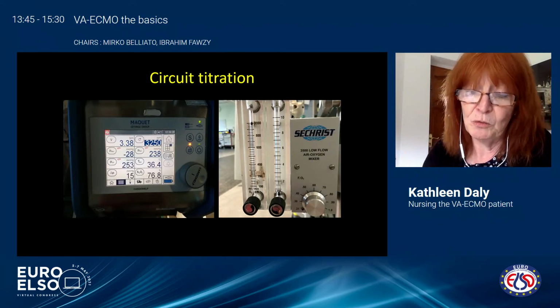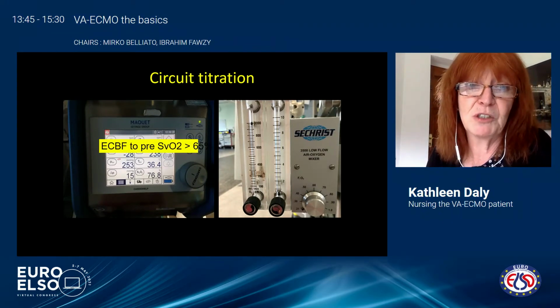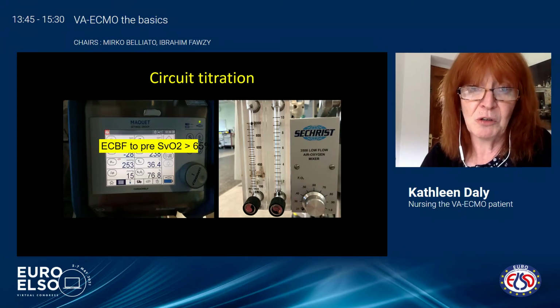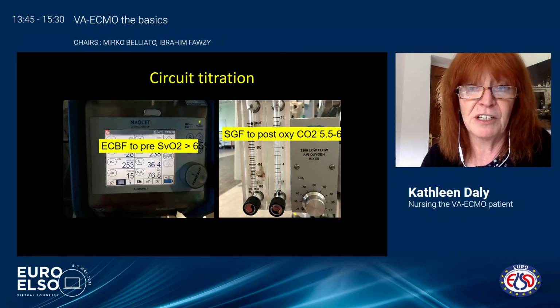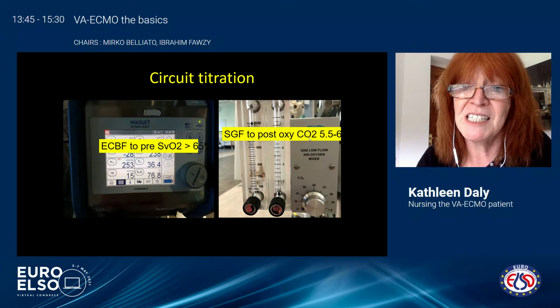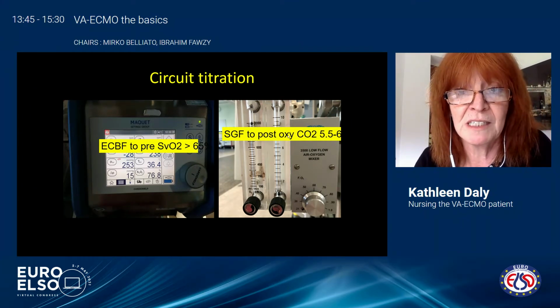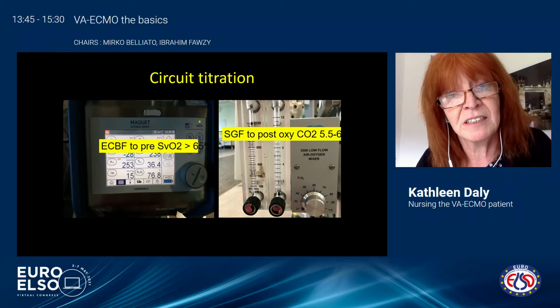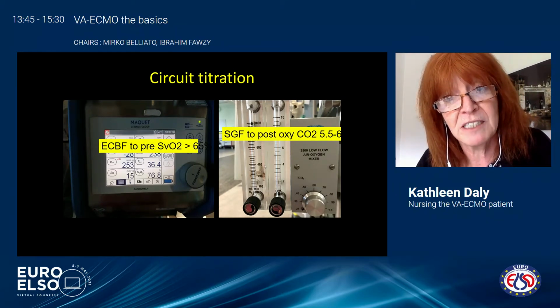So we need to titrate the blood flows to get an SvO2 we're aiming for greater than 65%, and this will guide our titration of the blood flows. With the sweep gas flow, we titrate this on our post-membrane blood gas, and we want a CO2 of around 5.5 to 6 kilopascals. And again, we'll titrate, as the ECMO nurse, our sweep gas flow to achieve this target.